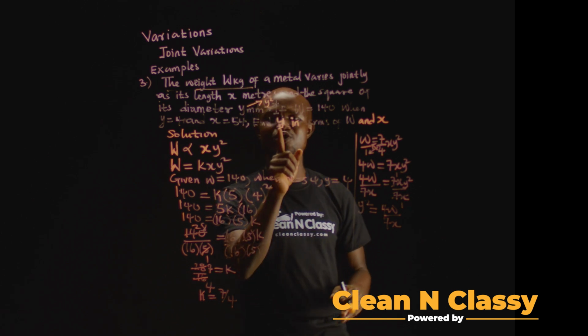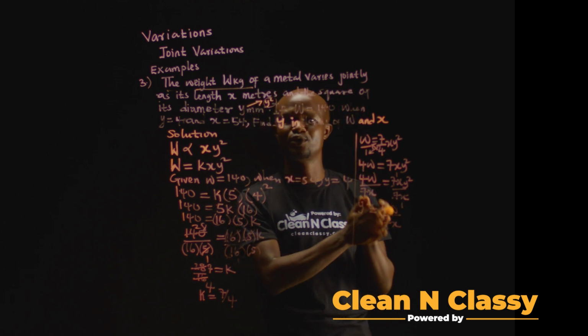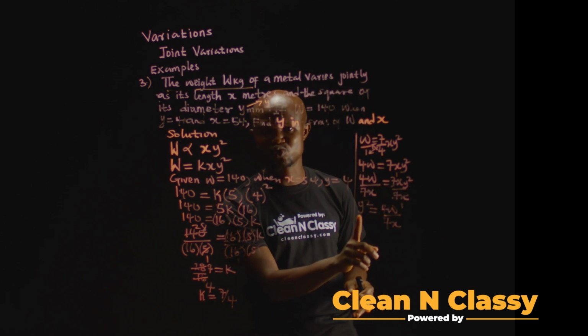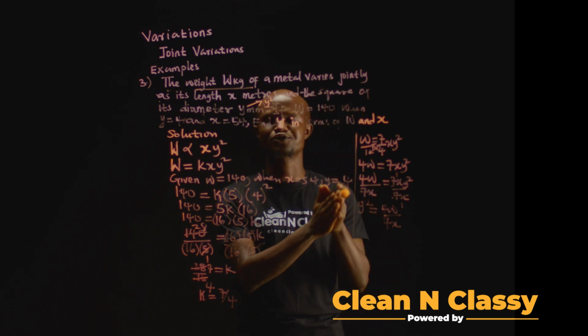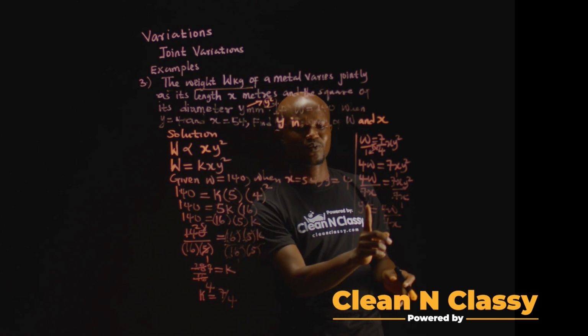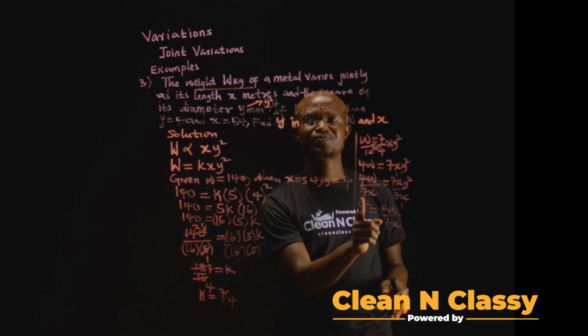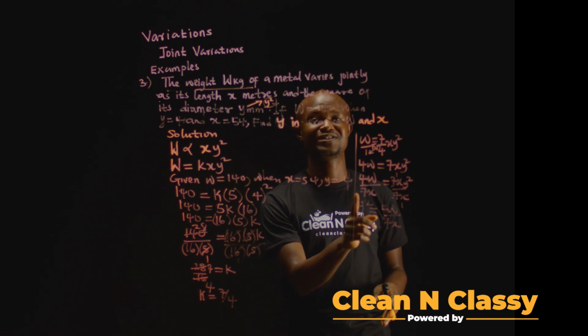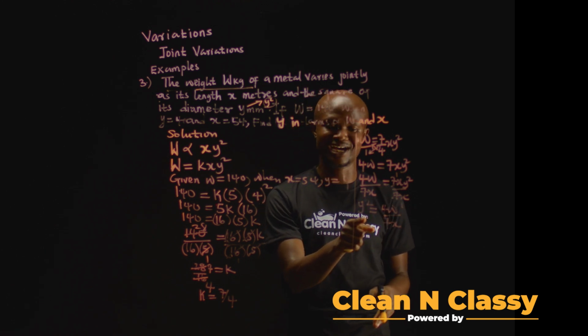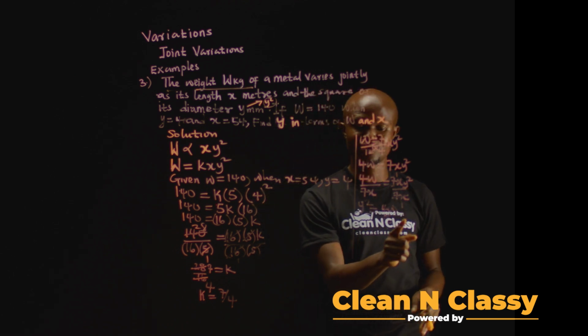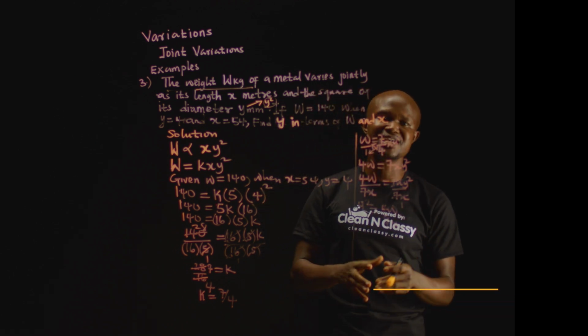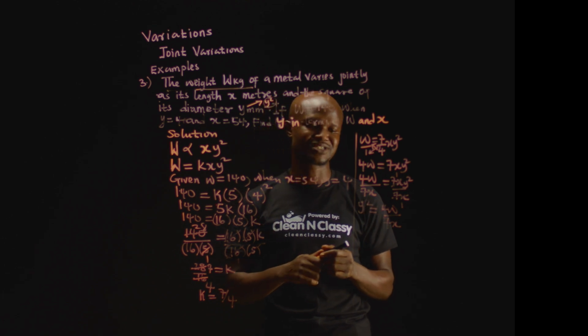Now, we are asked to find y in terms of w and x. This is just y squared. So for you to remove the 2 as a power of this y, which is equal to 4w divided by 7x, it means we need to take the square root of both sides.